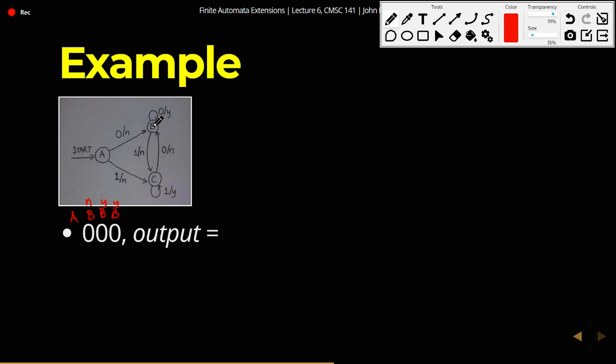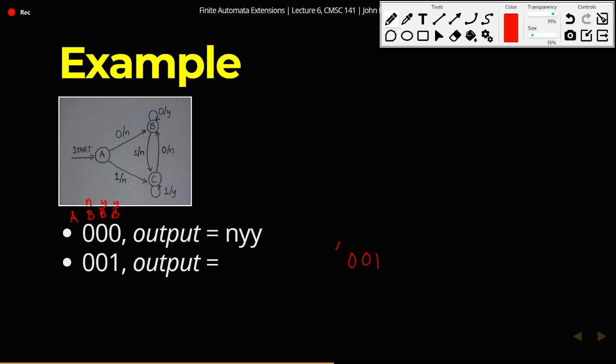So the output for 0, 0, 0 is NYY. Okay, now for the second one, for 0, 0, 1, so let's write that one here, 0, 0, 1.